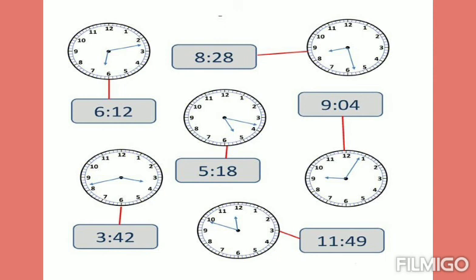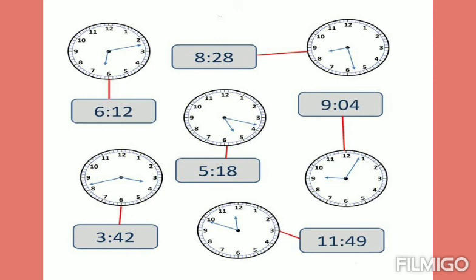In that the hour hand is between 5 and 6, and the minute hand, after 3, has covered 3 small divisions. If it is at 3, it means 15 minutes. So if you add 3 more small divisions, that is 3 minutes more with 15, it is 18. So the time is 5:18.